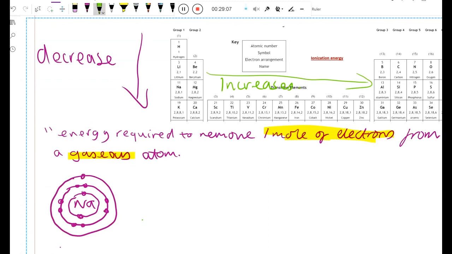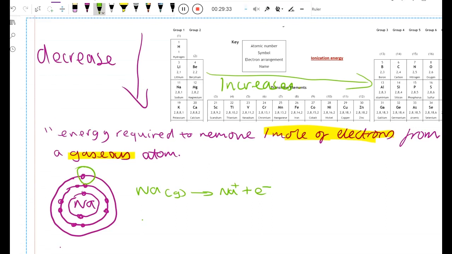First ionisation energy would look like this. So Na gas becoming Na positive plus an electron. Now, that electron comes from here. You are removing that electron.